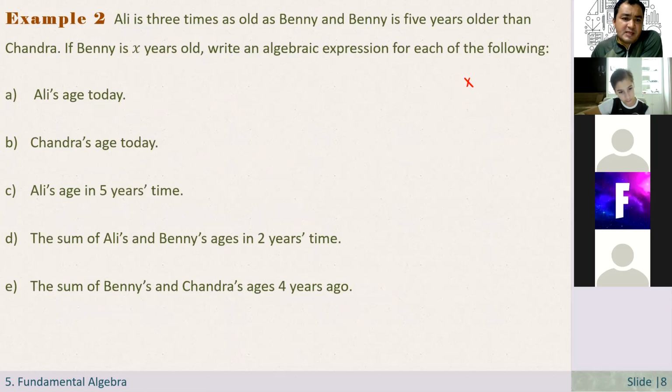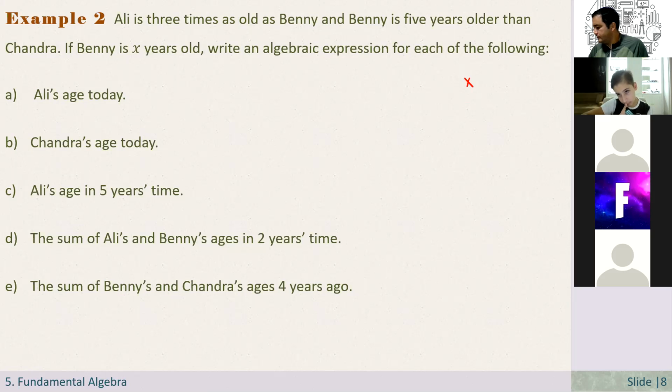Tariel, can you read example 2? Ali is 3 times as old as Benny, and Benny is 5 years older than Chandra. If Benny is X years old, write an algebraic expression for each of the following. Benny is X, and Ali is 3 times as old as Benny, so Ali's age is 3X, right?